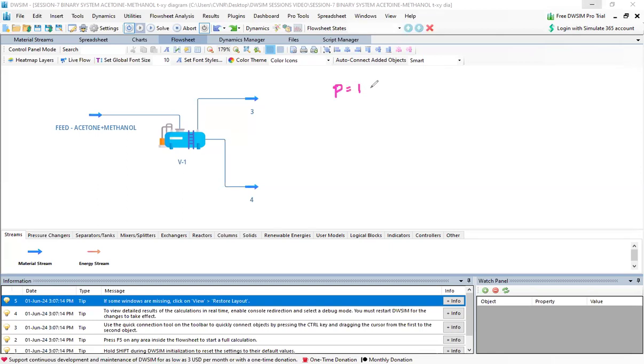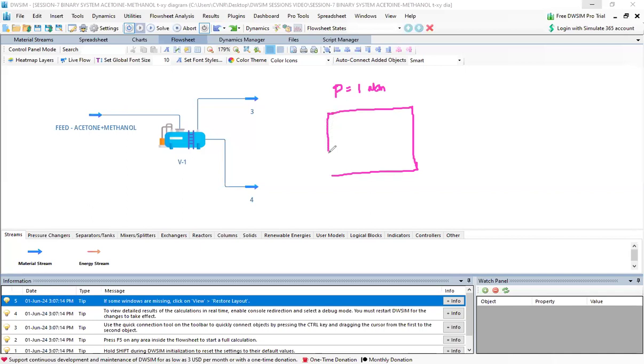Suppose a pressure is fixed as 1 atmosphere, or whatever unit consistency we take, and I'm going to draw a TXY diagram like this, though it is not thorough straight lines. This is for education purpose only.